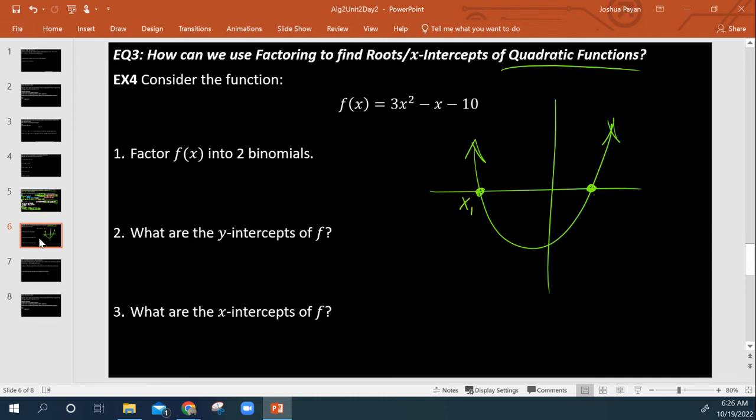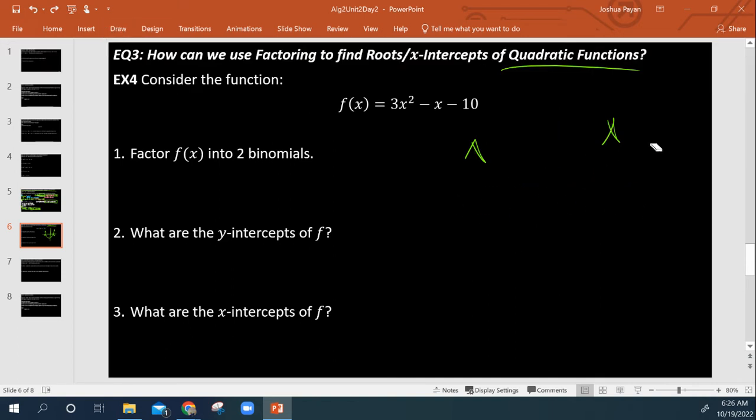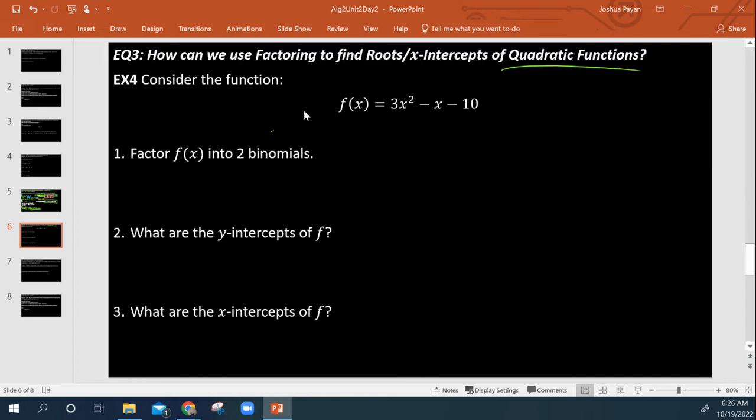One happens here, one happens here. And that again has to do with the fact that every quadratic has two solutions. So that said, we can use factoring to solve for a quadratic function's x-intercepts because x-intercepts happen where y equals 0, or in this case, where f of x equals 0.